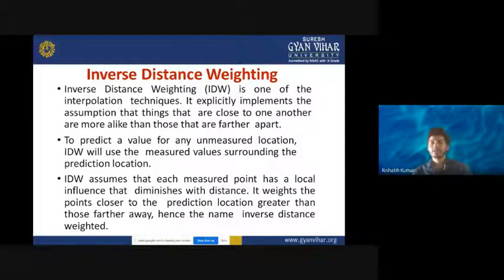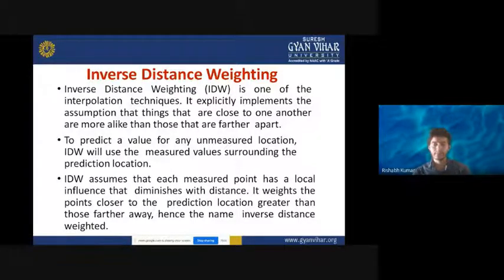Okay, so it weights the point closer to the prediction location greater than those farther away, hence the name inverse distance weighted method. तो जैसे जैसे आपका डिस्टेंस बढ़ेगा प्रिडिक्शन लोकेशन से, वैसे वैसे इन्फ्लुएंस कम हो जाएगी आपकी प्रिडिक्शन लोकेशन पे. तो that is what is termed as inverse distance weighted, कि जैसे जैसे डिस्टेंस बढ़ेगा तो आपकी इन्फ्लुएंस कम होगी.